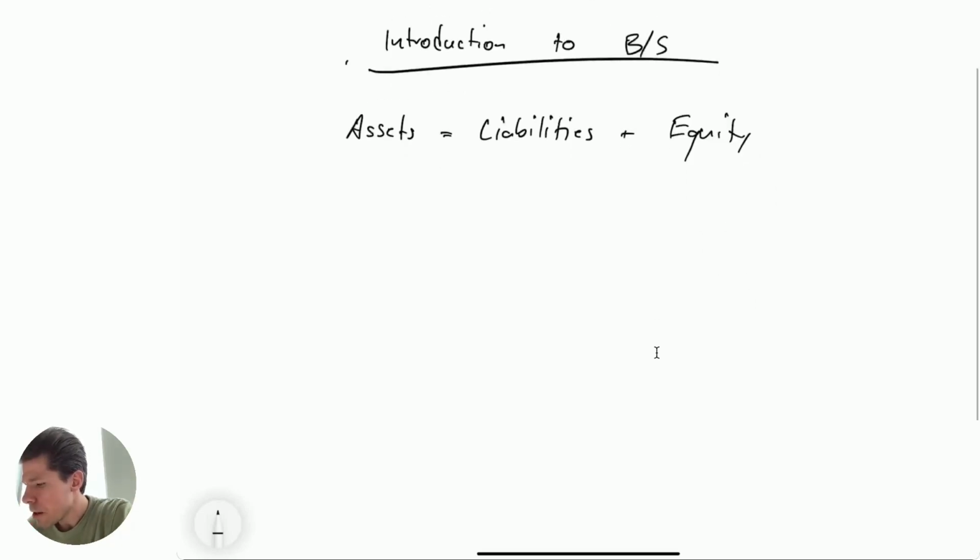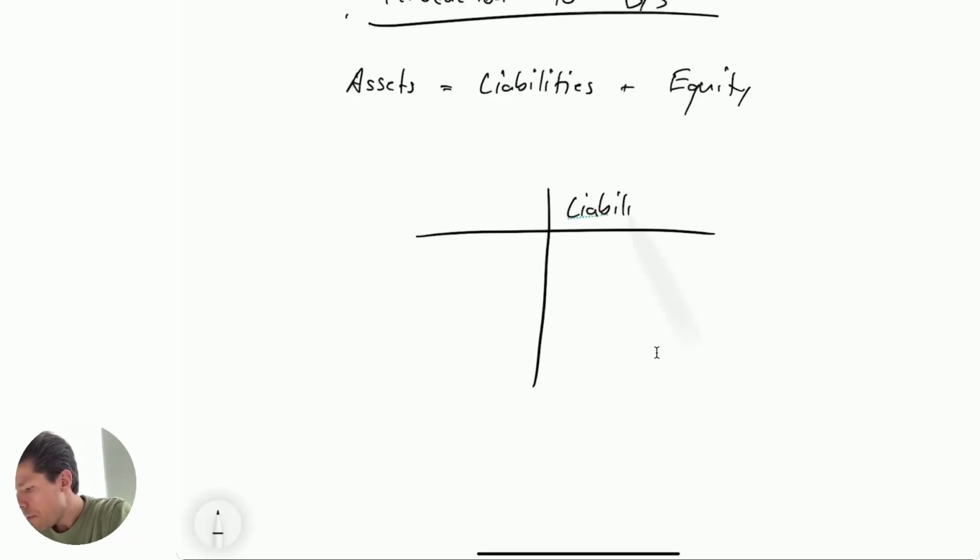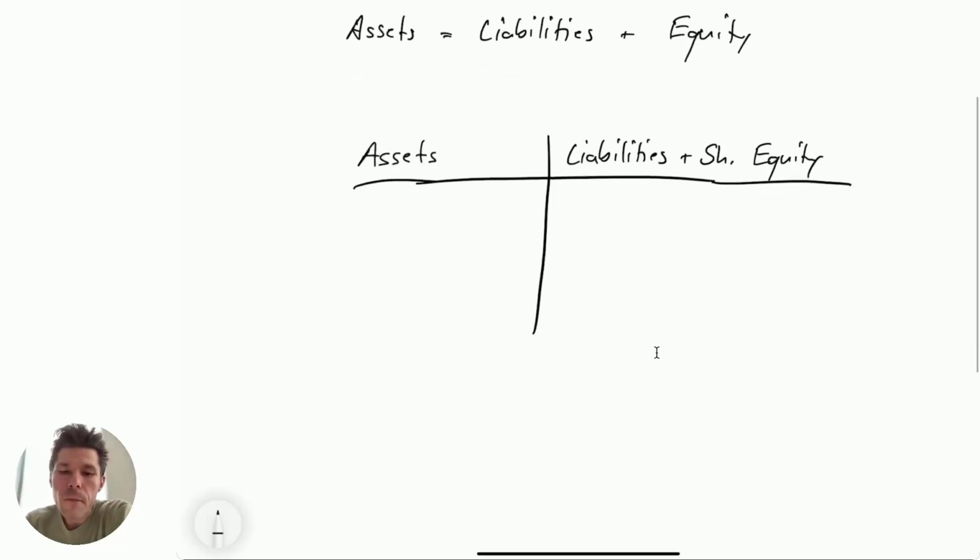And if we look at the balance sheet in more detail, you have liabilities plus shareholder equity here, and you have assets, total assets here. How do we start?